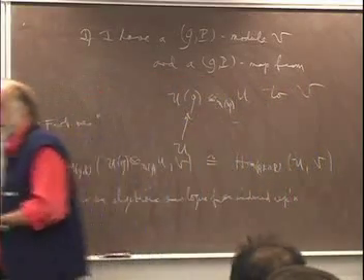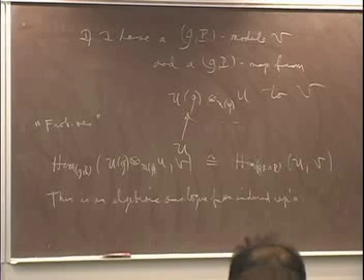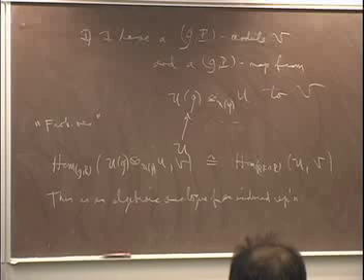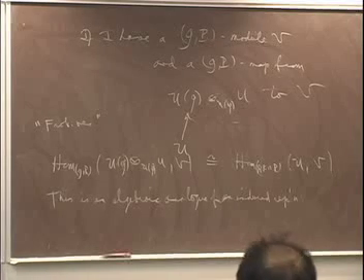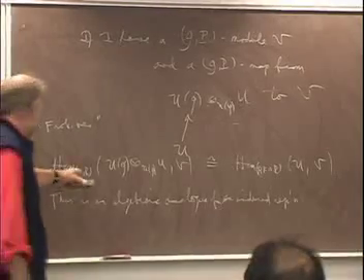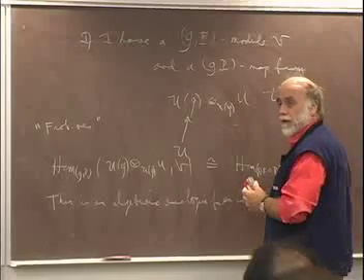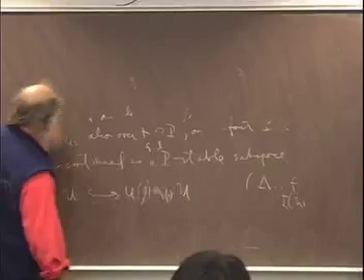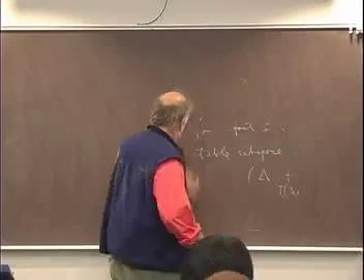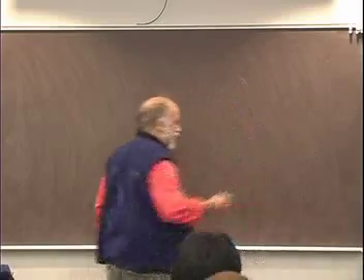Now, the first form starts with a (g, p), right? The group P acts on this, I remind you of this. So this is very, very analogous to the induced representation construction.